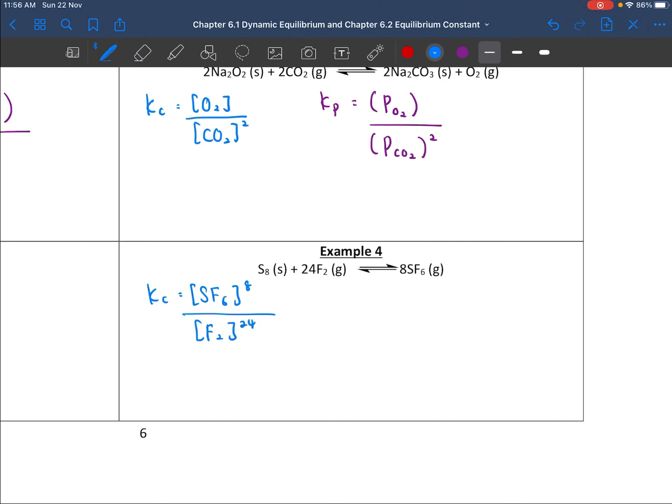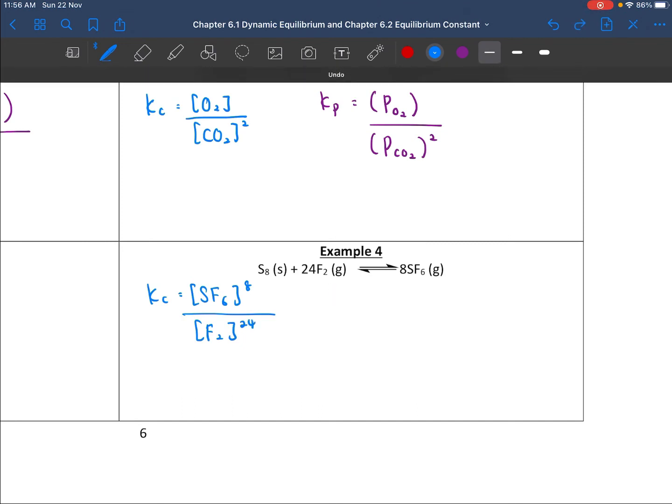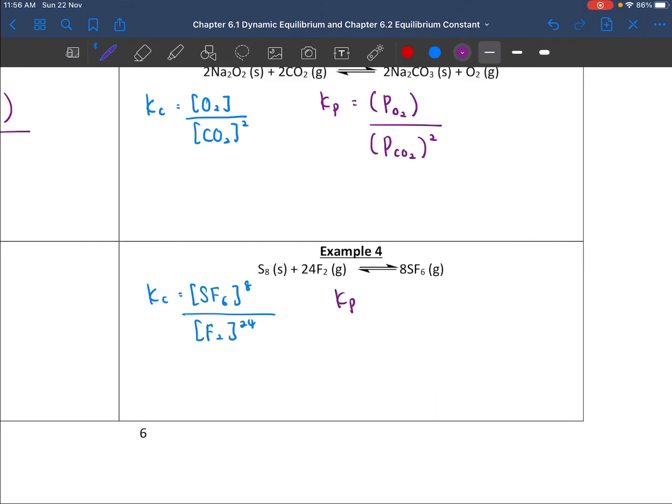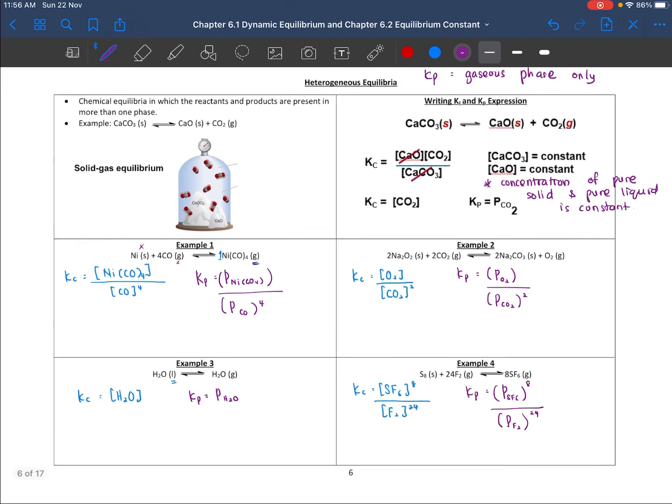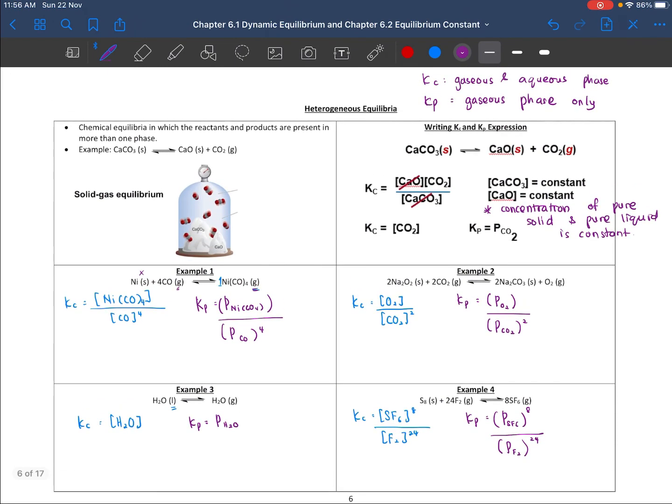Okay, and then for Kp equal to partial pressure of SF6 to the power of 8 over partial pressure of fluorine to the power of 24. Okay, so settle untuk equation Kc and Kp for heterogeneous equilibrium.